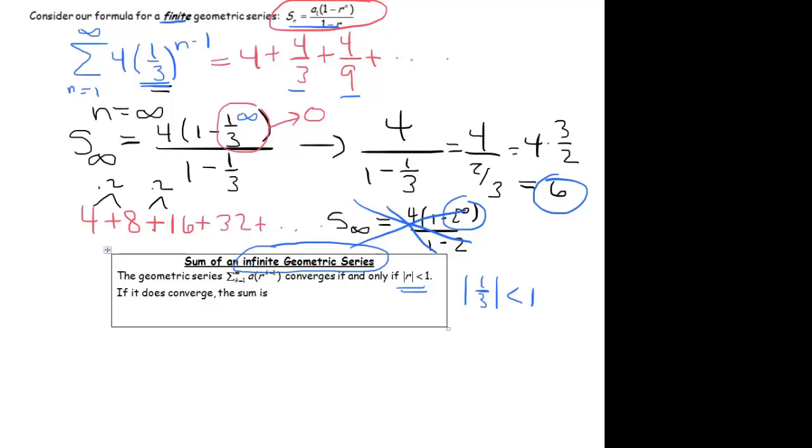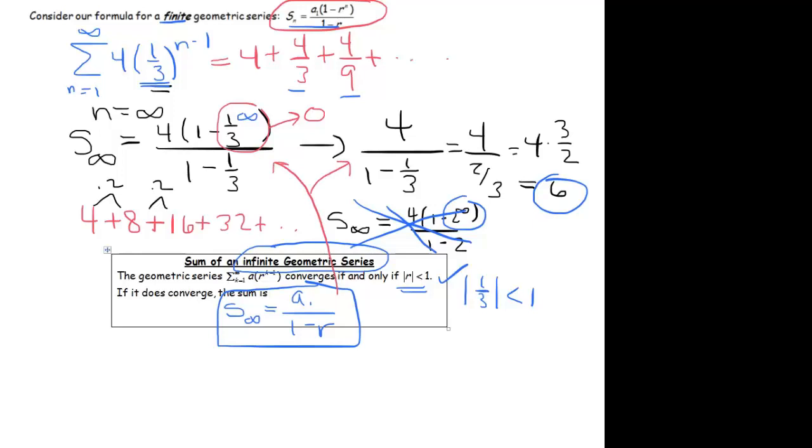If it does converge, if it passes this test, then we use the formula: the sum is the first term divided by 1 minus your r. Very easy formula, and that's all just a consequence of what happened right here.